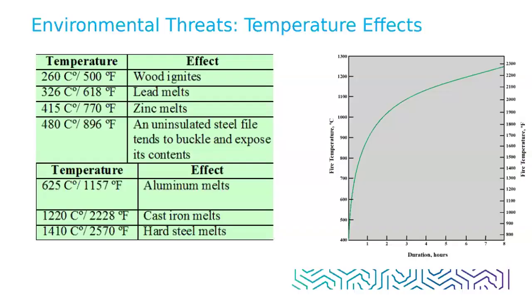And these conditions can damage the computing resources. It can reduce the system reliability and it can interrupt the business operations. So we need to emphasize that computing equipment has temperature thresholds for damage. So we highlight the importance of maintaining the proper environmental conditions to protect the information systems in an effective way.